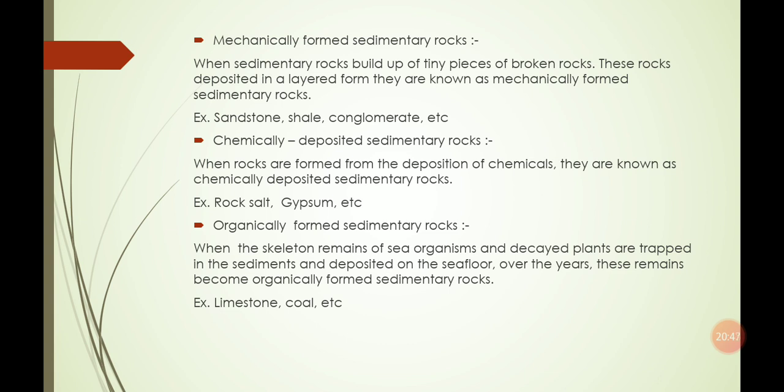Now move to the next one, chemically deposited sedimentary rocks. How are chemically deposited sedimentary rocks formed? When rocks are formed from the deposition of chemicals, they are known as chemically deposited sedimentary rocks. Chemical sediments are formed by chemical reactions in seawater, because of evaporation in a shallow basin, which results in evaporation of water and settling down of chemical sediments such as rock salt.